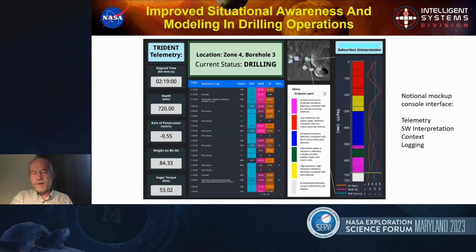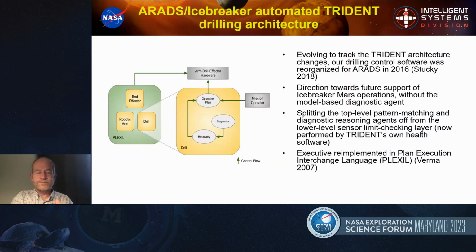We have developed a notional mock-up console looking at the data coming in and mapping it to what we think we might see at a nominal console station during one of these. Next. Our automation architecture has evolved to track Trident.